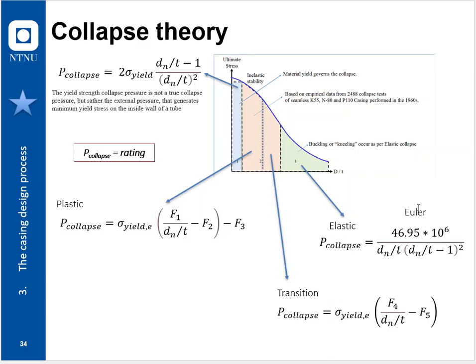I can say the same about elastic collapse. It is mathematically deducted and very much correct. I can unfortunately not say the same about plastic and transition collapse, and that comes from the fact that they are empirically derived and they are physically tied to the performance of tubulars produced in the 1960s.